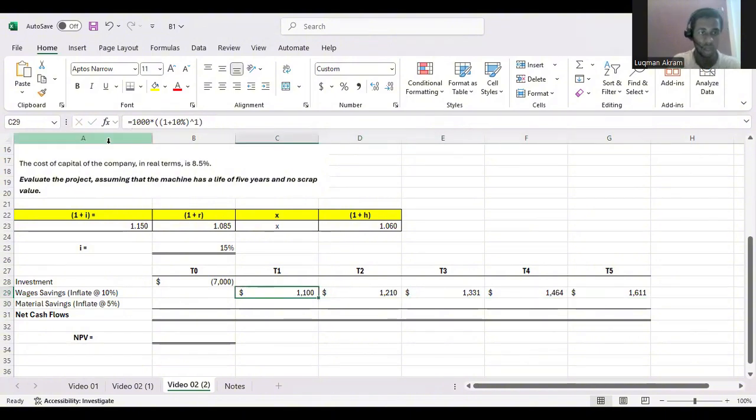As you can see, the first year would comprise 1000 multiplied by 1 plus 10% to the power 1. The second year would be 1000 into 1 plus 10% to the power 2. Third year would be 1000 into 1 plus 10% to the power 3 and 4 and then 5, and so on. Now we can calculate the material saving.